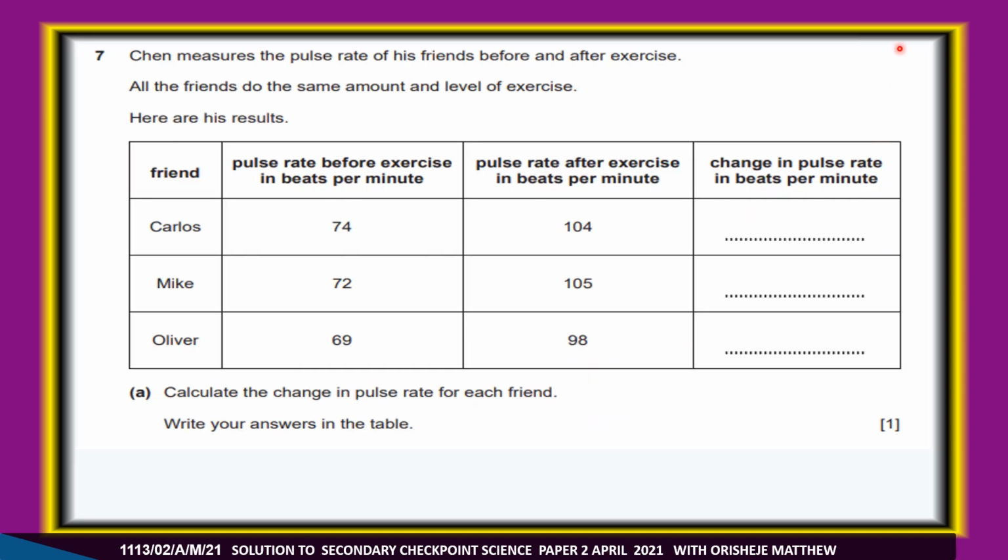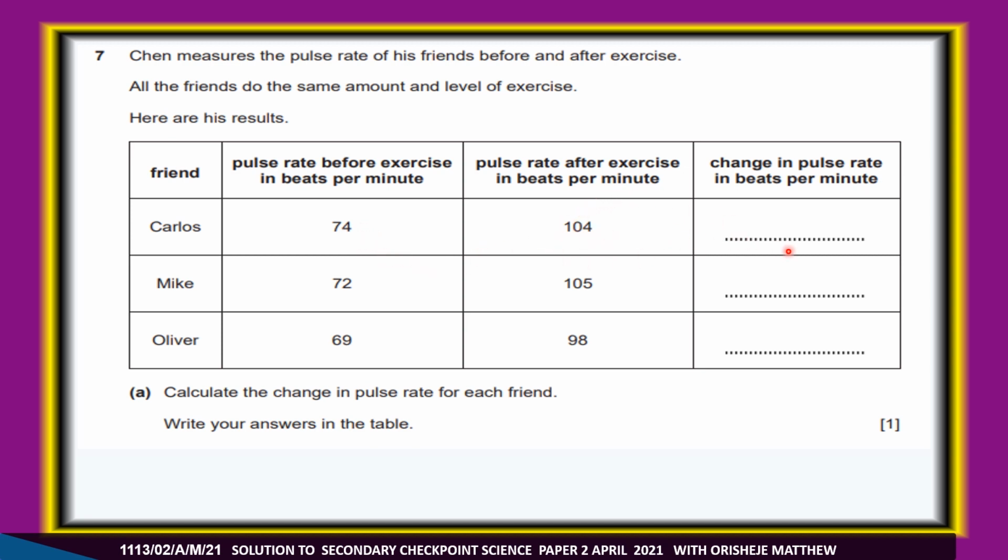Question 7. Shane measured the pulse rate of his friends before and after exercise. All the friends do the same amount and level of exercise. Carlos' pulse rate before was 74 and after exercise 100.